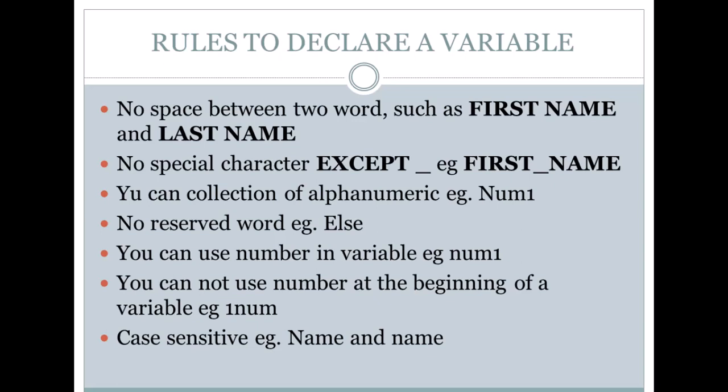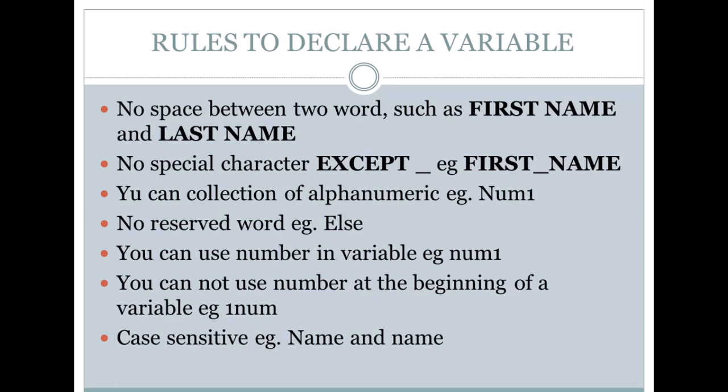Okay, so you can have a collection of alphabets, you can have a collection of numerics. In Python, in declaring variables, it allows you to combine both the alphabets and numbers together.